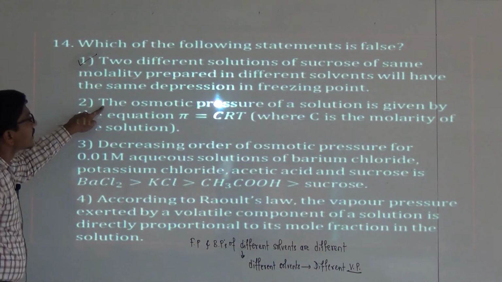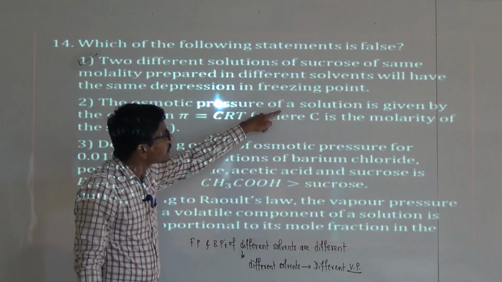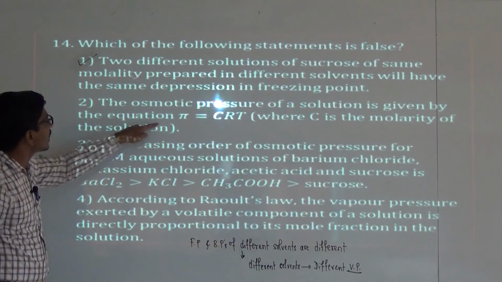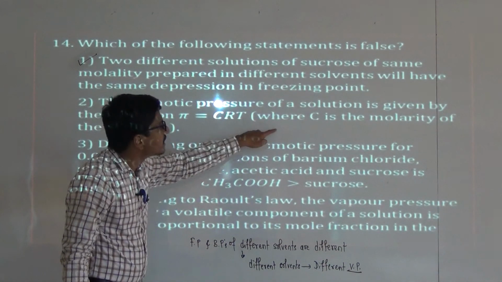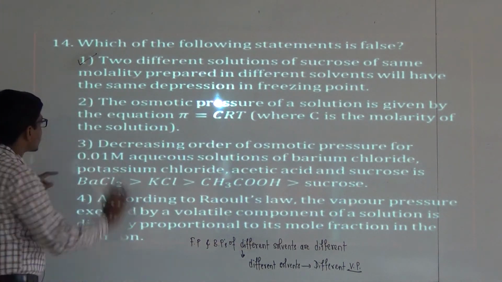Second one is, the osmotic pressure of a solution is given by the equation pi is equal to C R T, where C is the molarity. This is a correct statement.